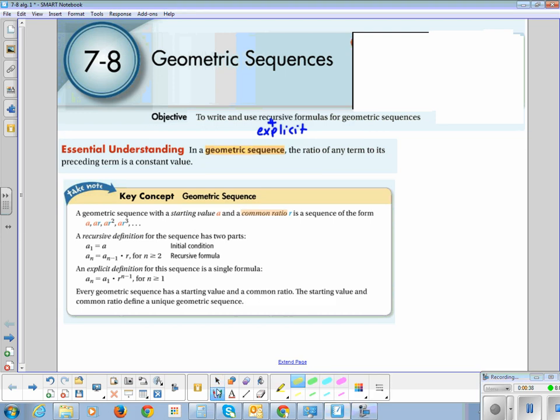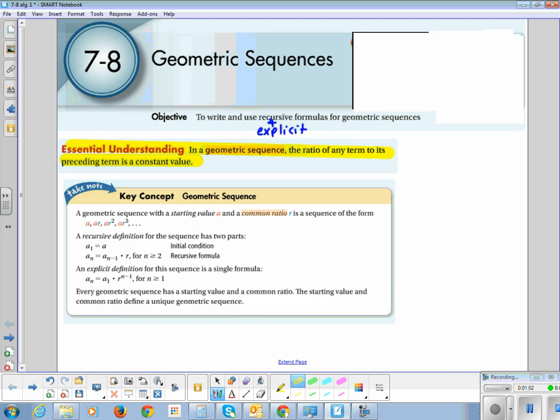Let's get the highlighter. So our essential understanding is in a geometric sequence, the ratio of any term to its preceding term is a constant value. Boy, that's pretty mathy. So let's figure out how to interpret that in real language.